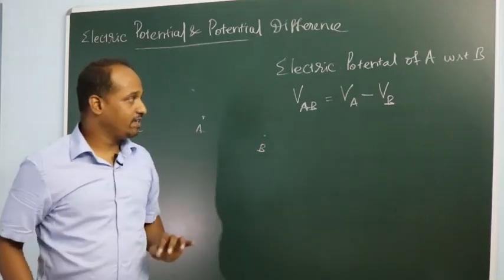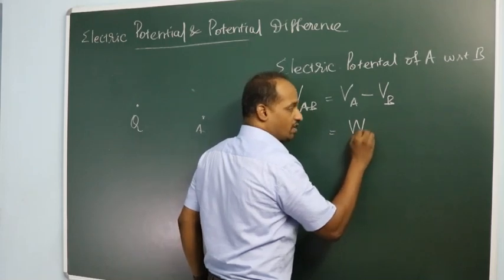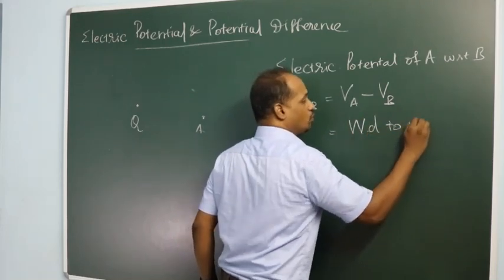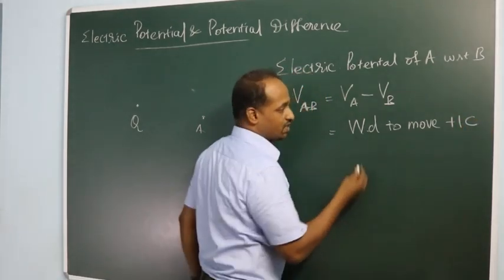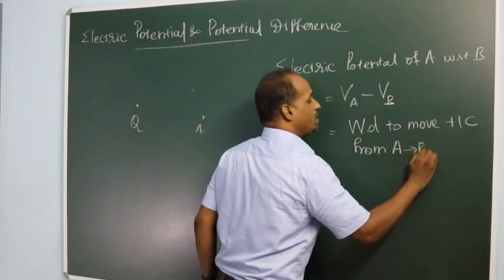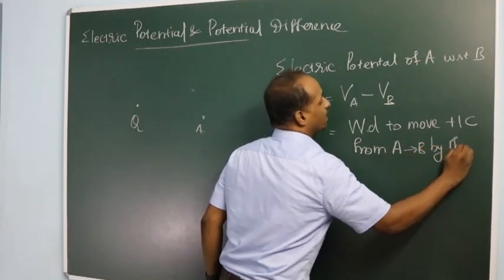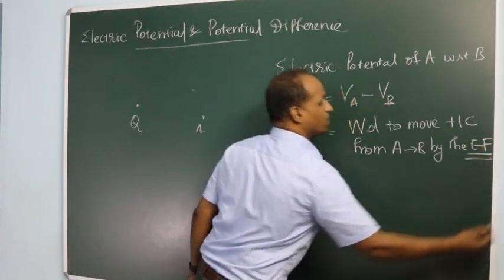So how do we define this? It is the work done to move plus 1 coulomb charge, that unit positive charge, from A to B by the electric force. This is the most important thing.